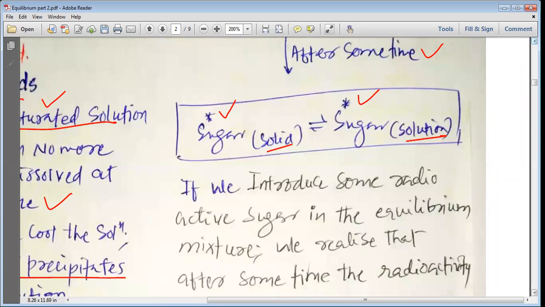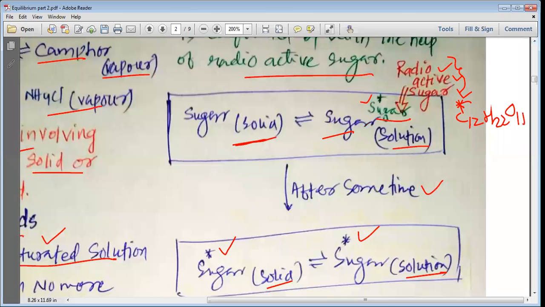That means when we introduced this radioactive sugar, which was initially solid, it has dissolved into the solution, and this is how even the solution has got radioactive sugar present in it. That means at equilibrium, even the process of dissolution of sugar into the solvent has not stopped.